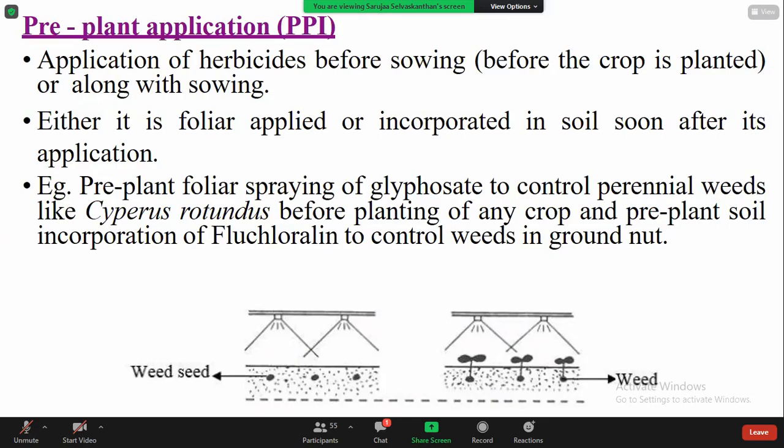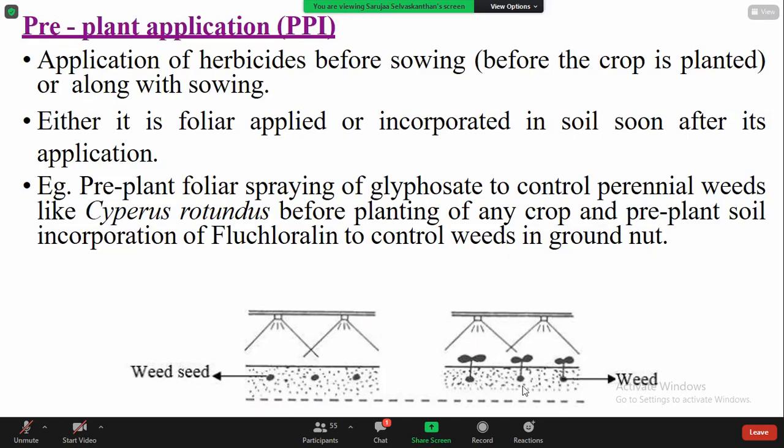Before planting of any crop, and pre-plant soil incorporation. What does this mean? Here we are applying the herbicide before sowing, before the plantation. Here this is the field, and here there are some weed seeds.